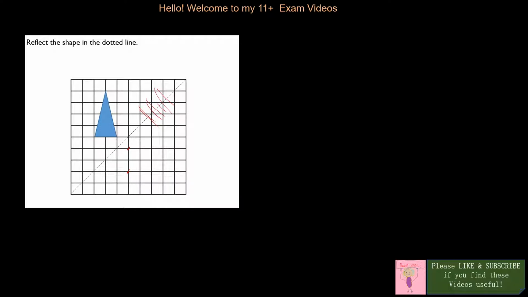If you see what I mean, so it's like a line down. And then how many squares does the triangle go? 1, 2, 3, 4. So it will be 1, 2, 3, 4. So this is going to be the point.